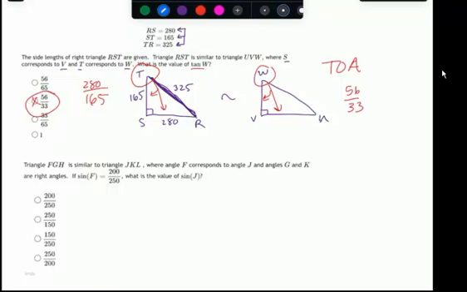In the second example, triangle FGH and triangle JKL are similar. Here they actually tell you what the right angles are. G and K are the right angles. And so if you label F and H, and F corresponds to J, so J will be in the corresponding position as F, which leaves L in the corresponding position for H. And what you can do is you can use the trig ratio, SOHCAHTOA.